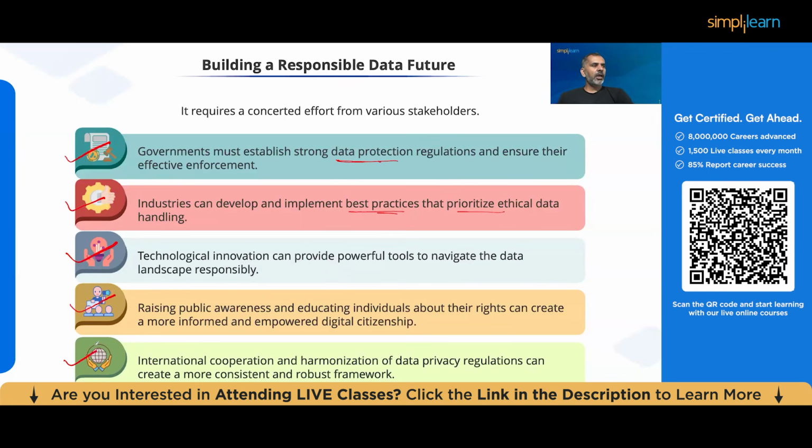And finally, we need international cooperation and harmonization of data privacy regulations to create a more consistent and robust framework. This is required from governments, the education sector, the industry sector, and even international entities. When they come together, we can think of building a responsible data future, guys.